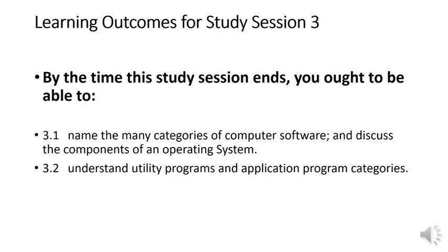We expect the students at the end of this section to be able to do what? Understand the utility programs and application program categories, to also be able to name many categories of computer software, and discuss the components of an operating system.